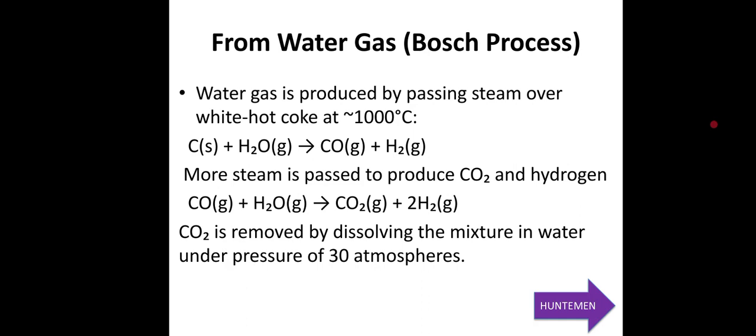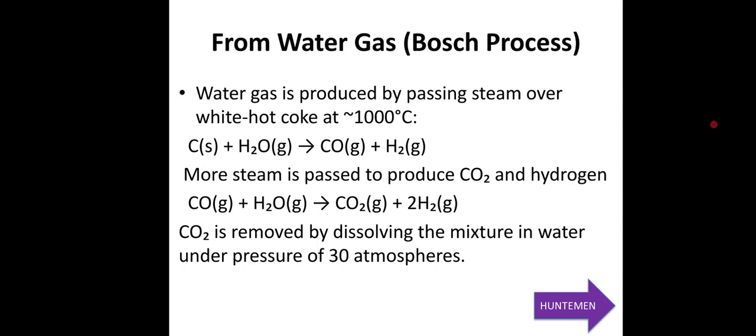So you can see the equation starts with C, carbon, plus water vapor. So what you have is CO, that is carbon monoxide, and hydrogen gas. The combination of the two of them is what is called water gas.